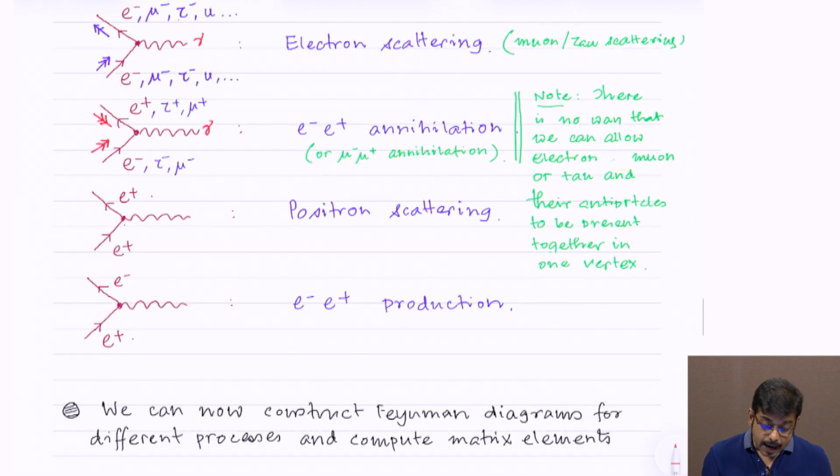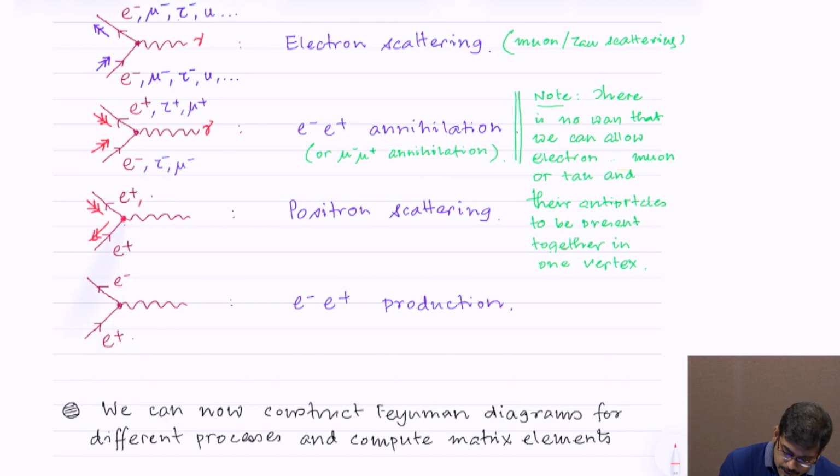Okay. I can have a positron scattering. How? I draw the arrow once again in the similar direction, but now you see how I draw this momentum to flow towards the vertex and this one to flow in this direction. So, in both of the cases you see the momentum arrow and the fermion arrow are opposite. So, this is actually a positron scattering, right.